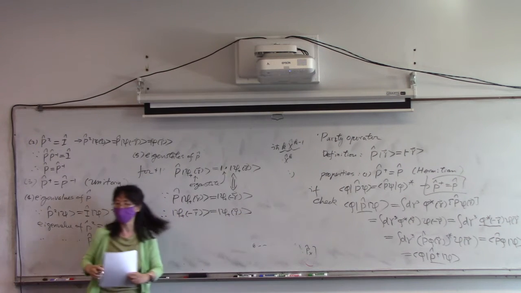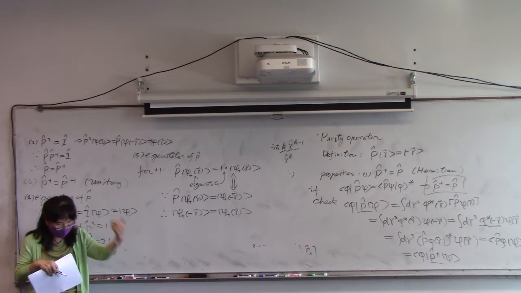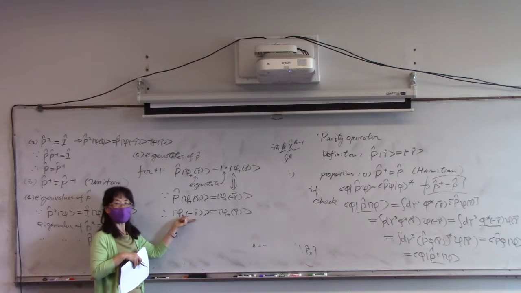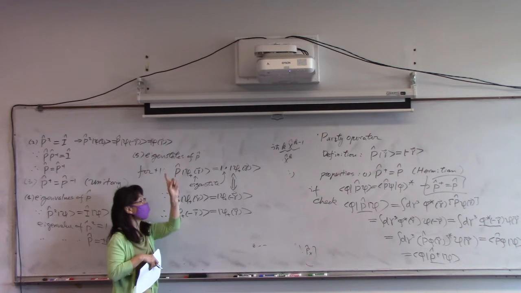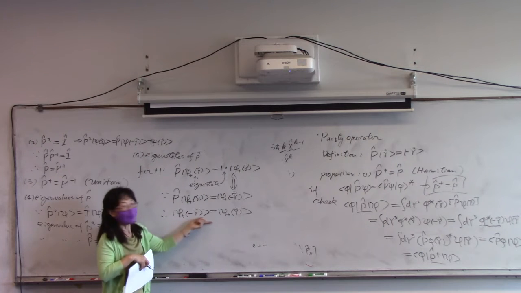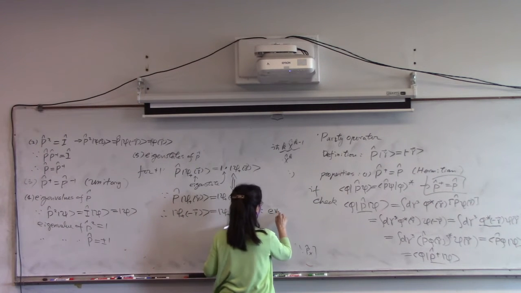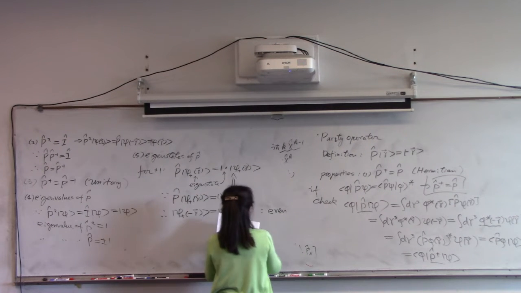This eigenstate corresponding to the eigenvalue positive 1 will not change under the parity. That means if you change r from positive to negative, the function will not change. This behavior we call an even eigenstate.